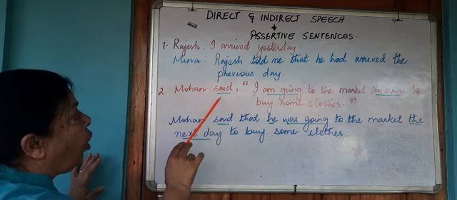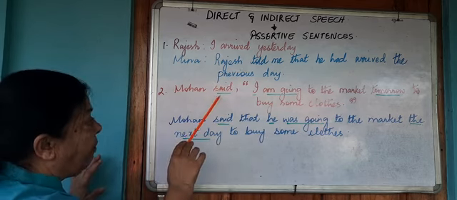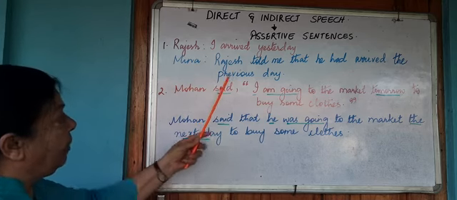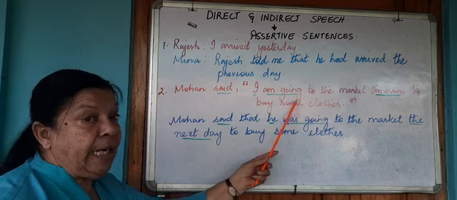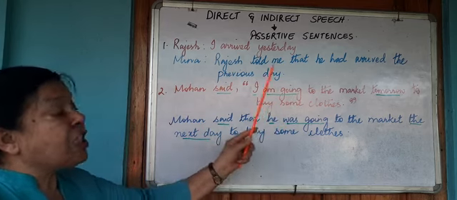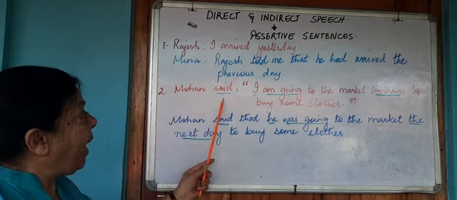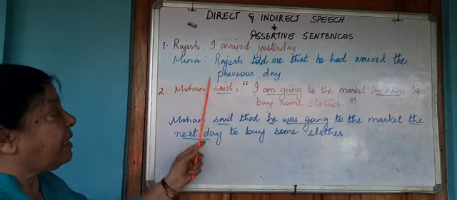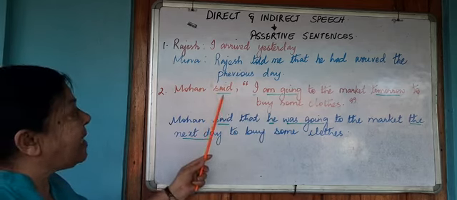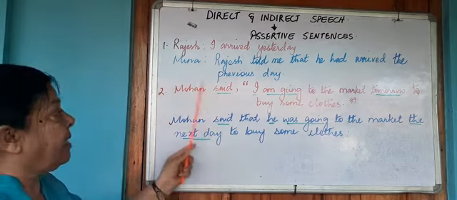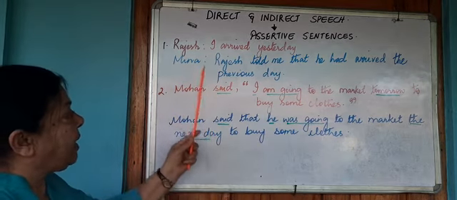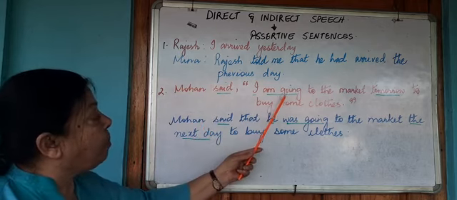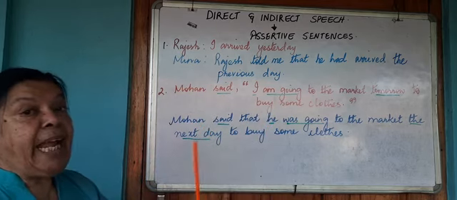Said is called the reported verb. I repeat, said is called the reported verb. Am going is the verb in the reported speech. When the reported verb is in the past tense, like said, the verb in the reported speech undergoes a change.